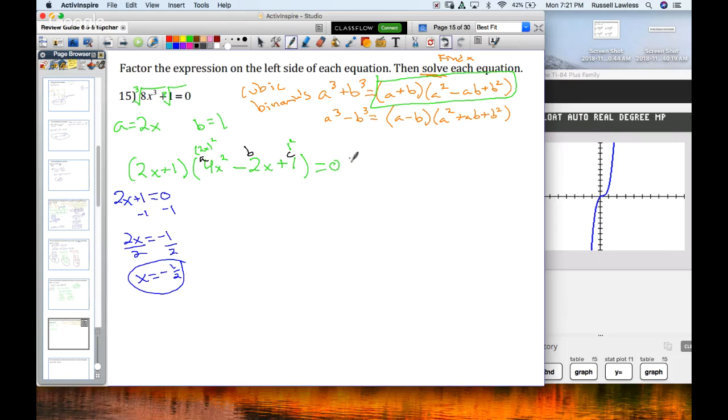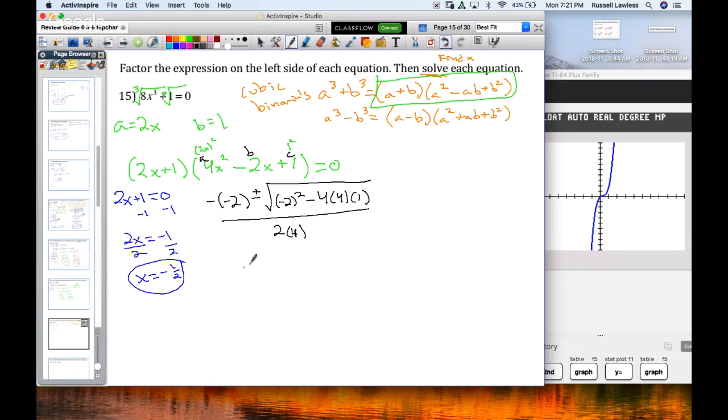And so quadratic equation-wise, it's going to be negative of -2 plus or minus the square root of -2 squared minus 4ac all over 2a. Or that a should be a 4.